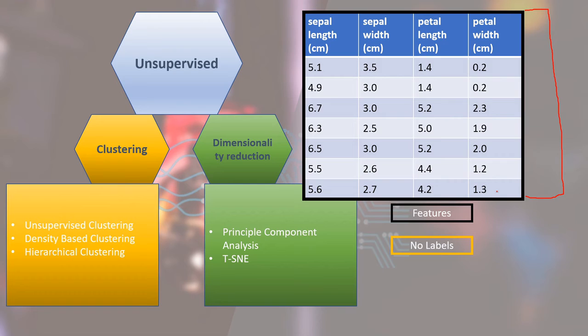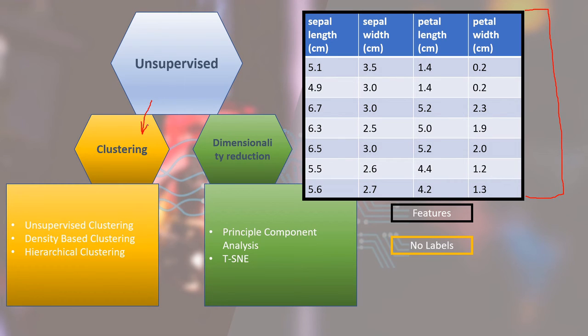We have to somehow manage to get the labels. It sounds strange, but yes, we are given only input features, no outputs. We have to come up with some idea of how to cluster them into different outputs based on the features. So that's why unsupervised learning is also typically of two types.